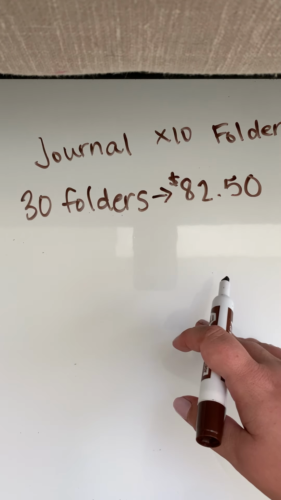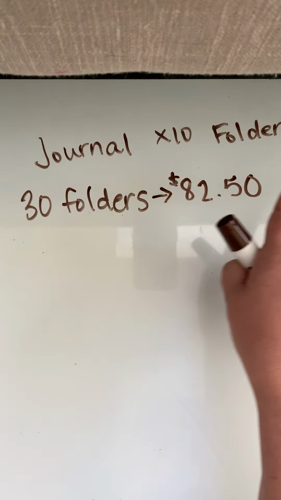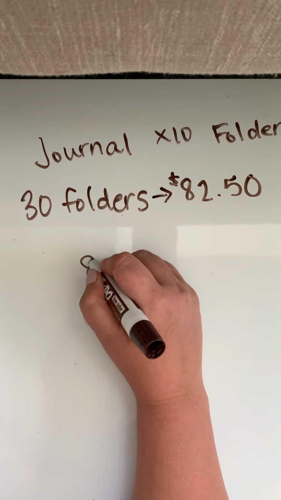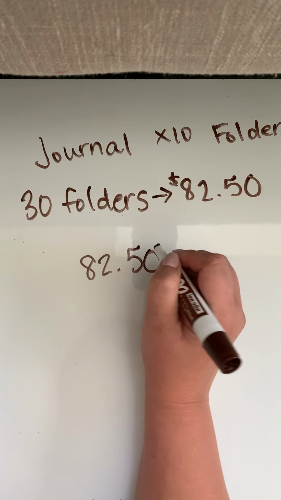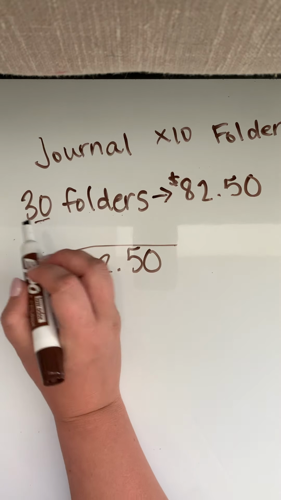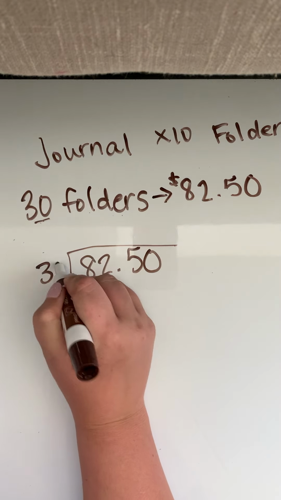Okay, so I'm going to go ahead and set it up. I know that 30 folders was $82.50. So I'm going to go ahead and figure out the cost of one folder first. So I need to take my $82.50 and I am going to divide that by how many? 30. Excellent, because I have 30 folders.